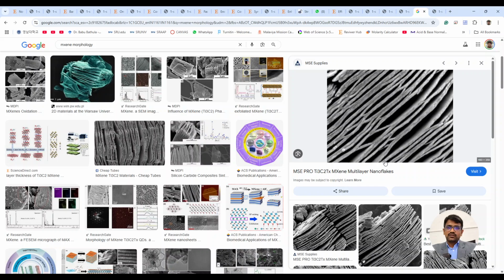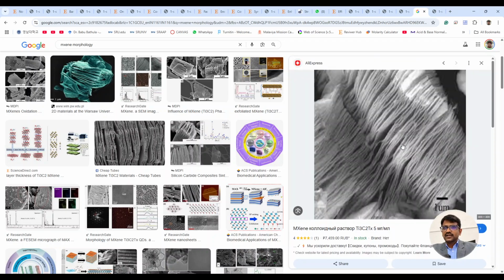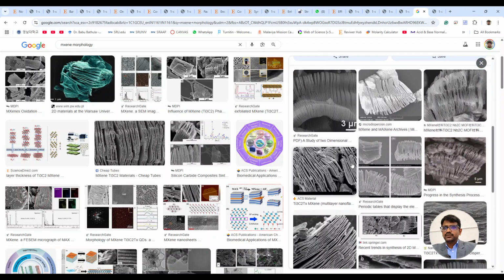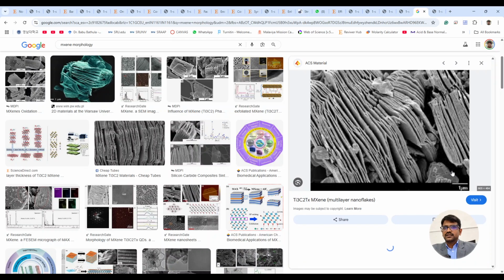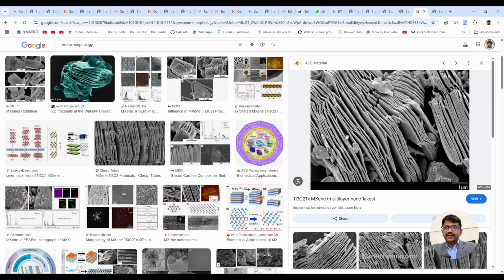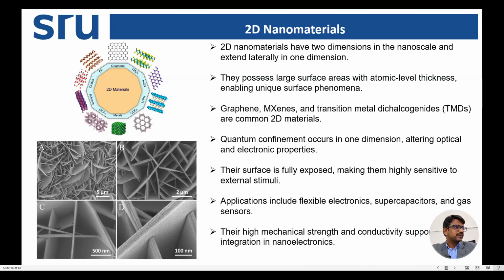Nowadays, MXenes are very trending and find many applications in many sectors. You can see the beautiful MXene layers. Wow, right? These are all SEM images, scanning electron microscope images, of the two-dimensional nanomaterial MXene. Then we will go back to our presentation.